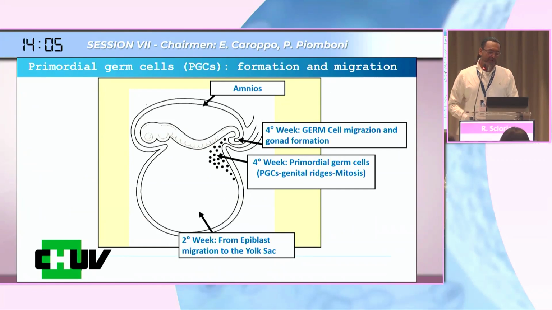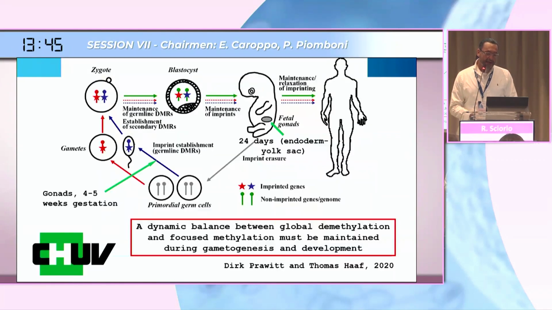So this picture goes back to the basics of biology, and we see that the germ cells start the migration very early during development. The primordial germ cells migrate at 4 to 5 weeks to make the genital ridge. And at that stage, as we can see here from the fetal gonad, we already have an imprinting erasure.